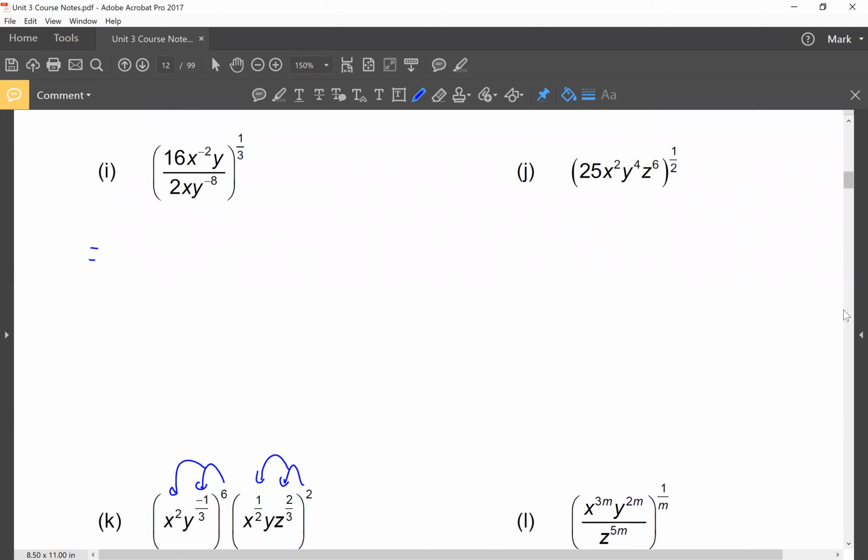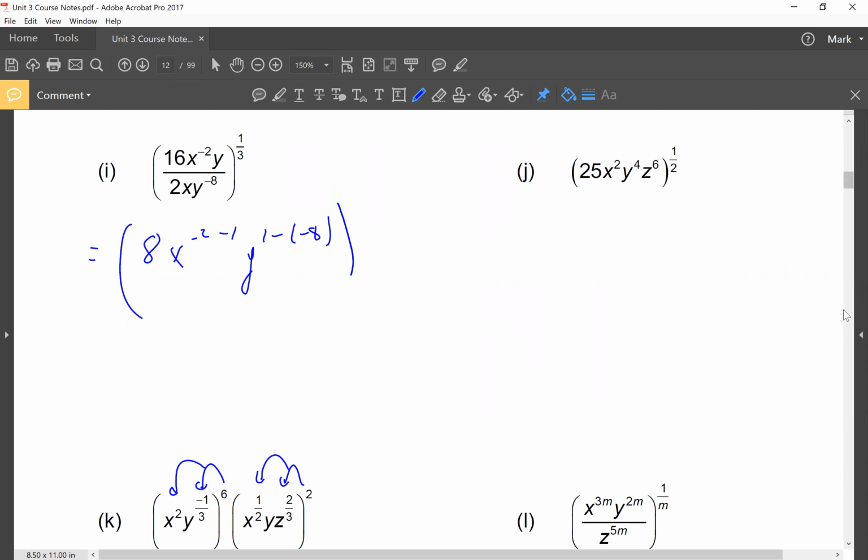So what I get, 16/2 is 8. And then for the x's, I'm going to get -2 minus 1. And for the y's, I'm going to get 1 minus a -8.